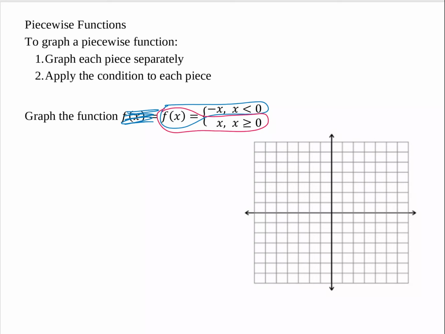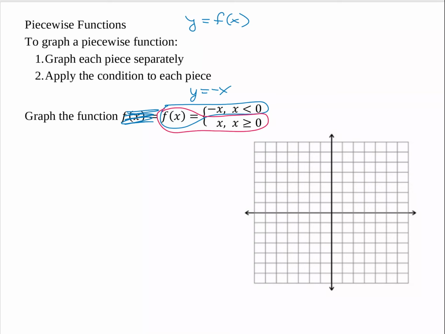So now we want to think about f of x equals the top part. Remember that f of x is the same as y. If I think of it that way, then f of x equals negative x is the same as y equals negative x. So if I graph y equals negative x, how do I do that?